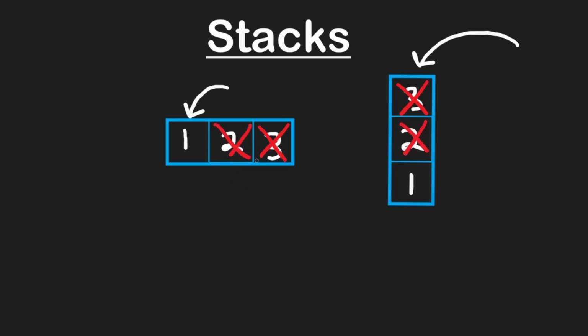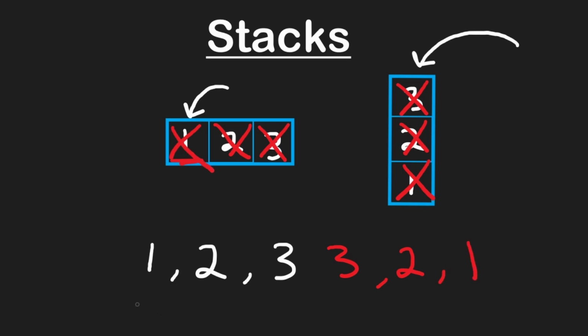Notice something about the way the elements are being inserted and removed. Remember, we first pushed a 1, and then we pushed a 2, and then we pushed a 3, and then we popped a 3, and then we popped a 2, and now we can pop one more element from our stack, which is the 1.